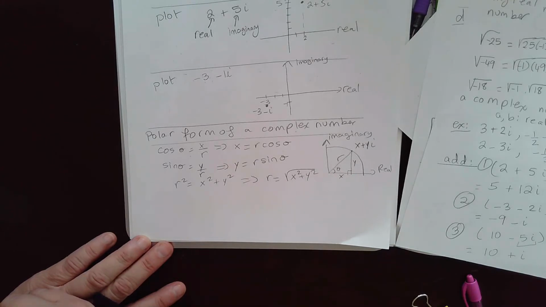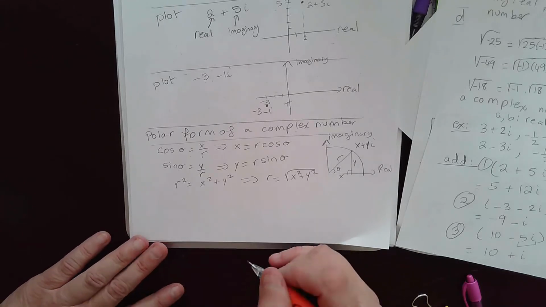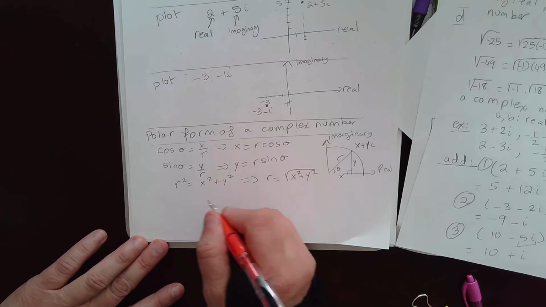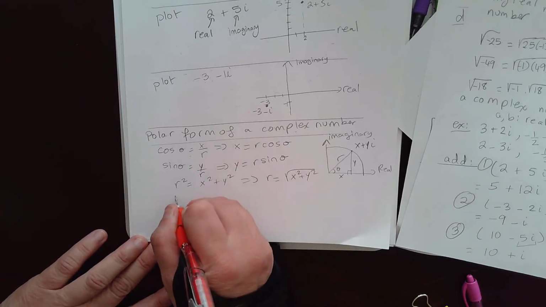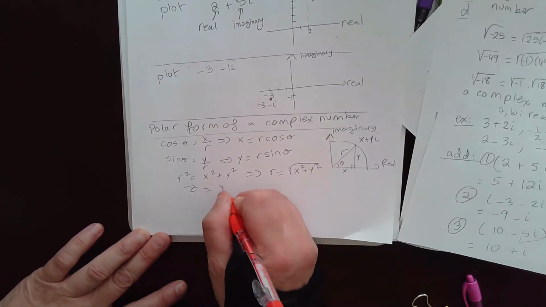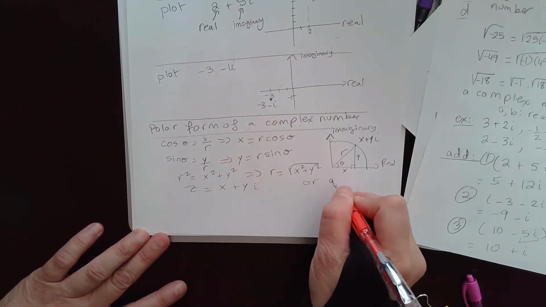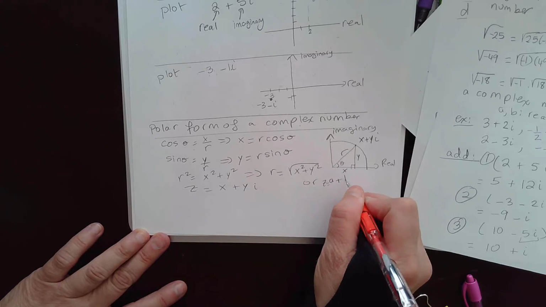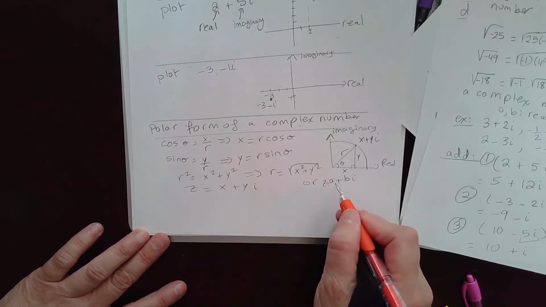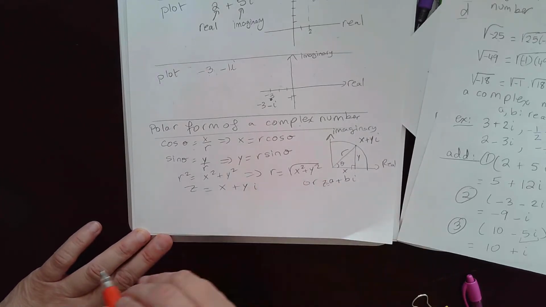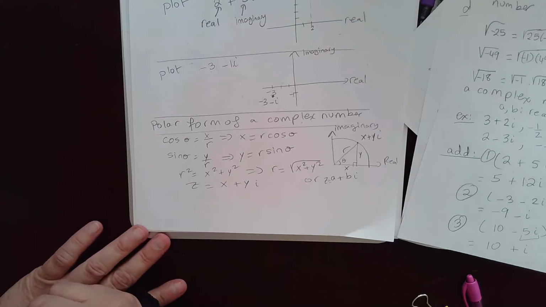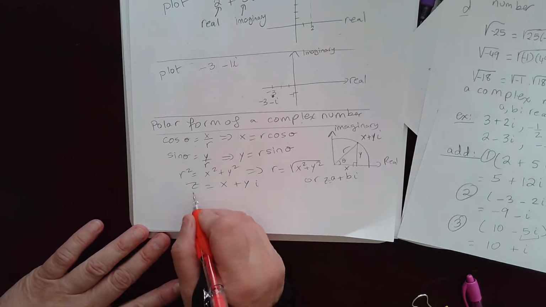How do we write the polar form of a complex number? We know that a complex number looks like this: z equals x plus yi, or z equals a plus bi, doesn't matter. x is the real part and y is the imaginary part. How do I write this?